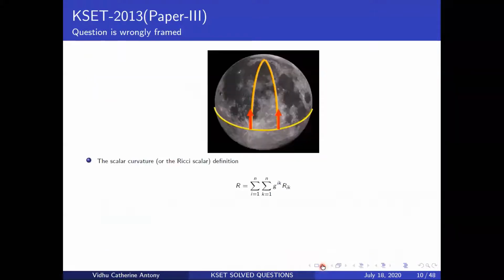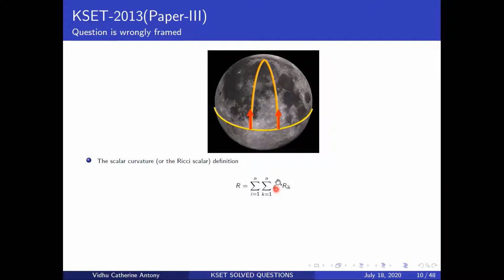Now let's look at the definitions of this. The scalar curvature, or your Ricci scalar, is defined like this. You have R equal to the summation of i from 1 to n, summation of k from 1 to n, g^{ik} R_{ik}. I don't know if you've learned this, but I certainly did in the tensor course that was taught to me at BU.